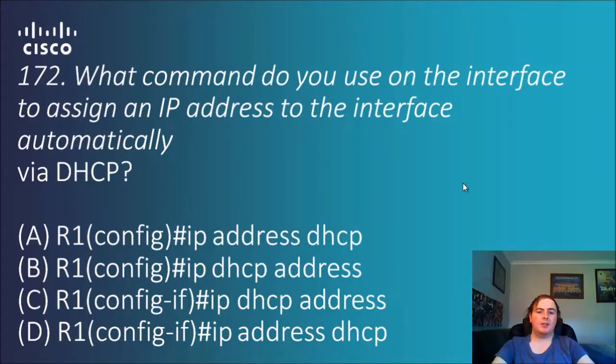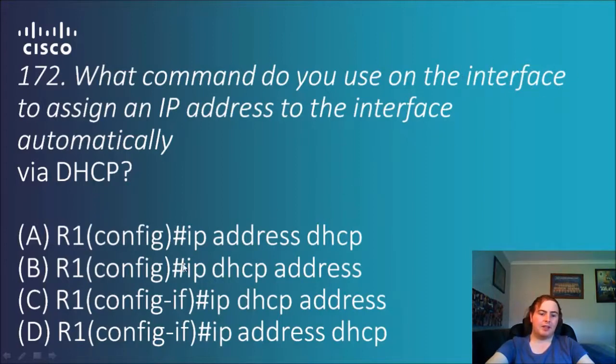The final question for today, 172, what command do you use on the interface to assign an IP address to the interface automatically via DHCP? So we've got IP address DHCP, IP DHCP address, and so on. We have to be careful here and look at what commands you use on the interface.